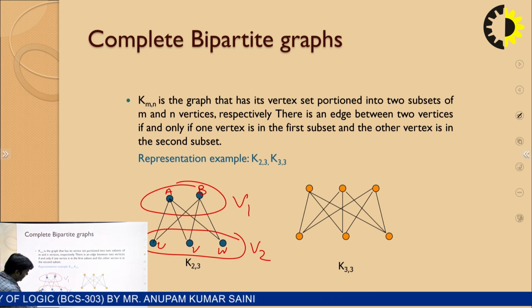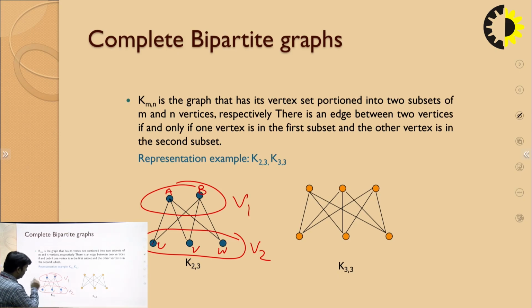A is connected with U, V and W, so the degree of A equals 3, the number of nodes in V2, and the degree of B is the same, 3. The degree of U equals the number of nodes in V1, that is 2.